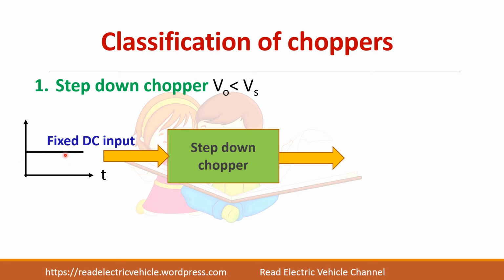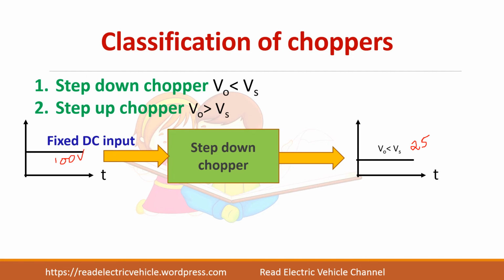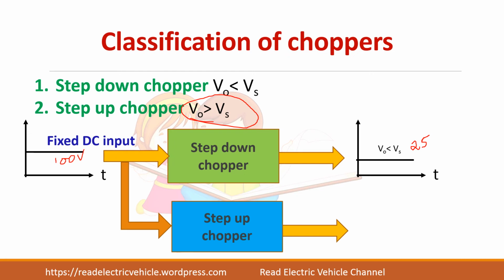Say I am giving 100 volts, so I may get some 25 volts. Another one is the step up chopper, where the output voltage will be greater than Vs. If I give the same 100 volts, I may get some 150 volts. Then we call it a step up chopper.